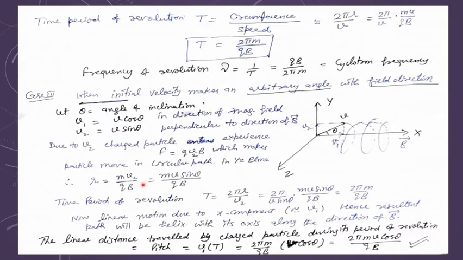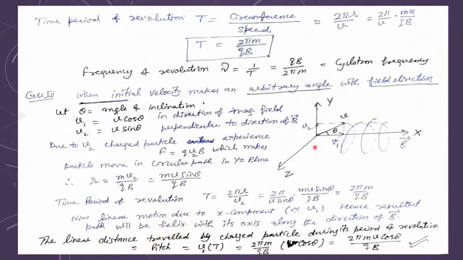So I get m v sin theta divided by qB, and the time period of revolution T equals 2 pi r divided by v2, where v2 is v sin theta. So the time period 2 pi m upon qB is the same as it was in the case when theta is 90 degrees. As a result, the particle moves in a circle as well as along the line, so the path followed is in the form of a helix.